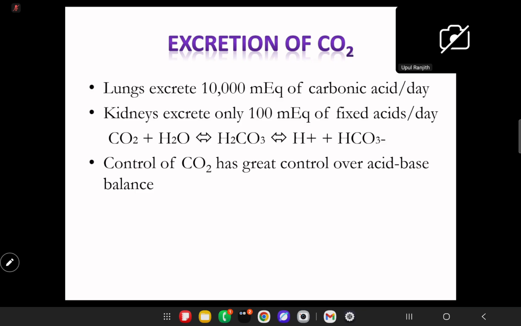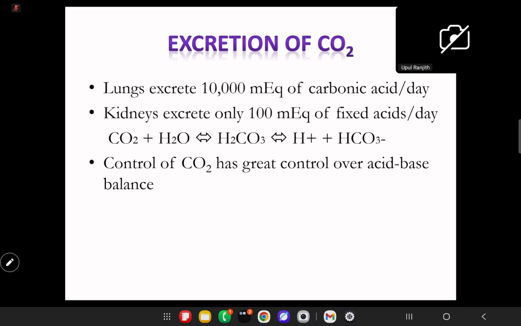One book says 10,000, the other says 12,000; I can't remember whether it is Ganong or Guyton. Whatever it is, it is a very high amount of carbonic acid as carbon dioxide per day. But the kidney excretes only 100 milliequivalents of fixed acid per day.